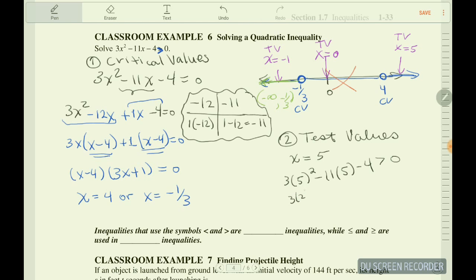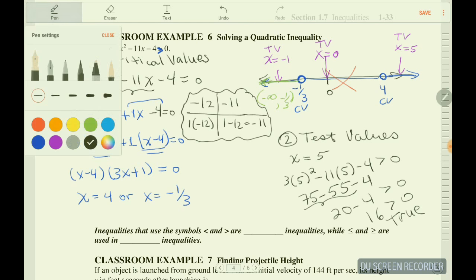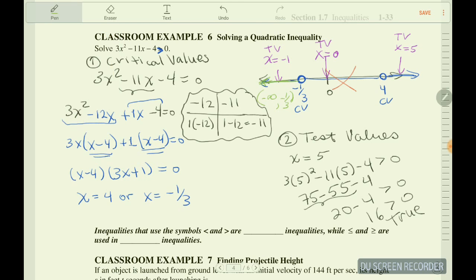That's 3 times 25, which is 75, minus 55 minus 4, and that's 20 minus 4, which is 16, and that is greater than 0. So I will use that section from +4, not including it, towards +infinity.